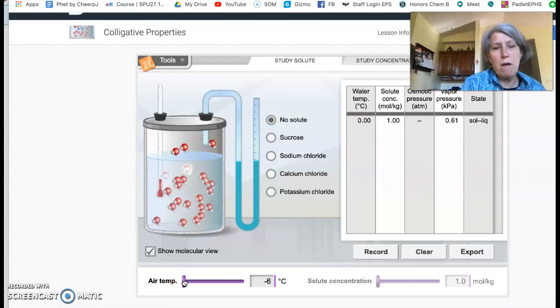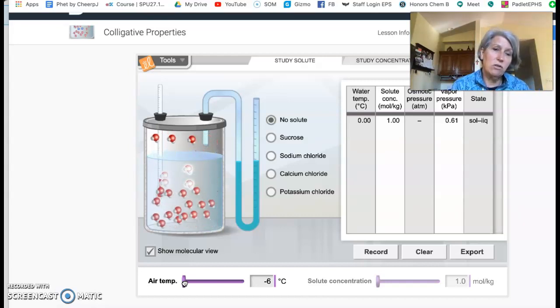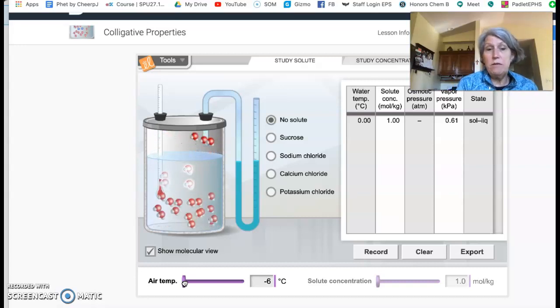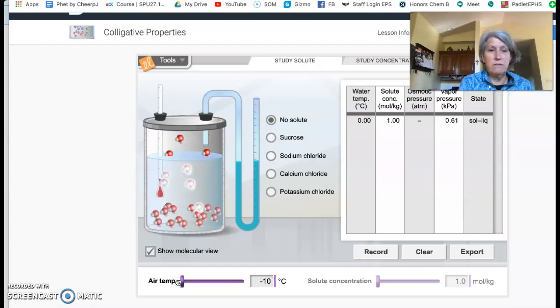Okay, so the water molecules will start freezing, and they're going to make that crystal lattice structure, and eventually they will freeze. But I'm going to just help this along here and get this down. We'll bottom this out at -10 degrees C. Okay.